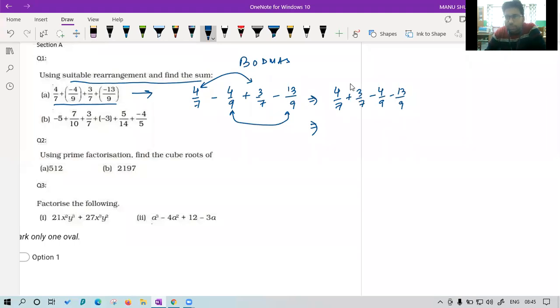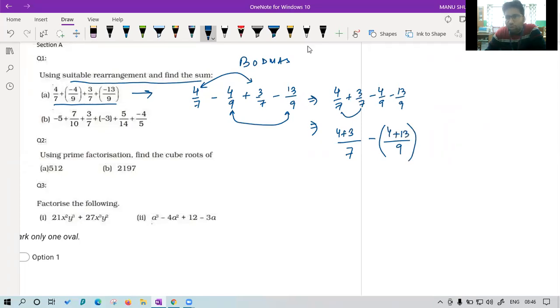Now, these two are of like fractions. We can say it is 7 LCM and we will get 4 plus 3 on the top. And here we have a negative sign. Class, what should we do? Should we take negative common? Okay, I have taken the negative common and in the bracket we have 9 as LCM, 4 plus 13.